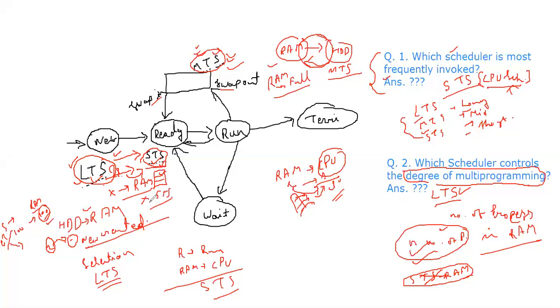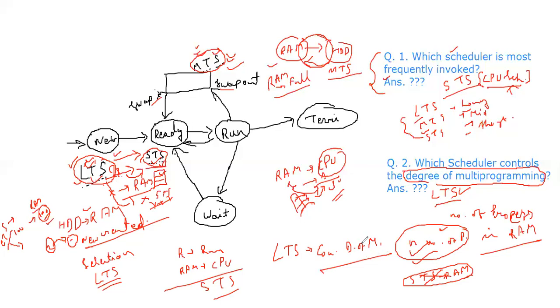It cannot schedule X plus 1. Hence, who is the prime controller? That is the long-term scheduler. So I hope it is now quite clear that the long-term scheduler, LTS, controls the degree of multiprogramming.